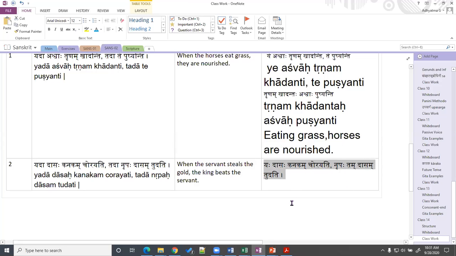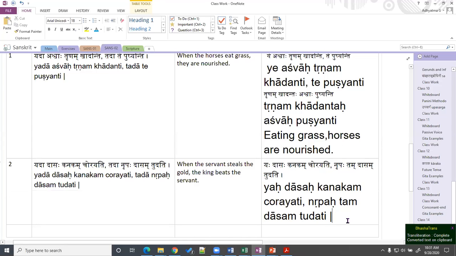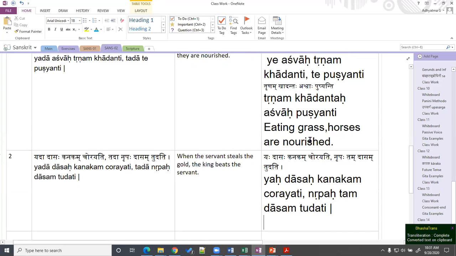And once it is in this format, you can easily convert it into the participle form. How will you convert it? Kanakam chorayan dasaha. Look at the main sentence. Main sentence is nrupaha tudati, that is the correlative clause, the main clause. Dasam is coming here in the accusative case, so we have to use the accusative case.